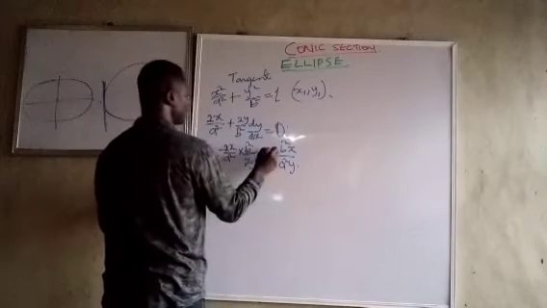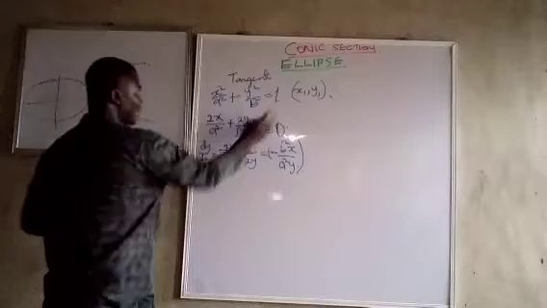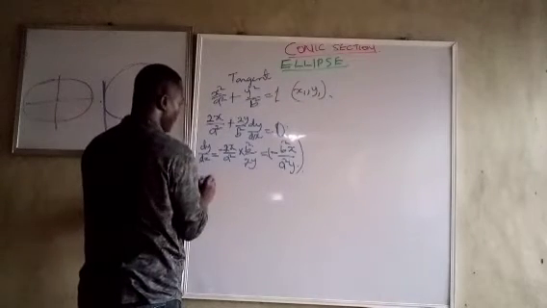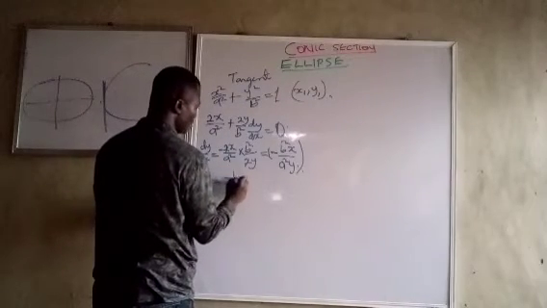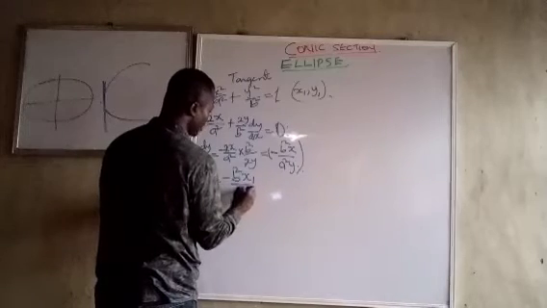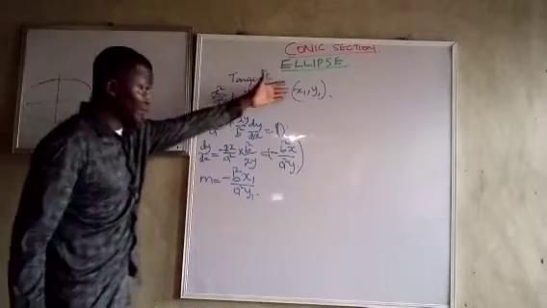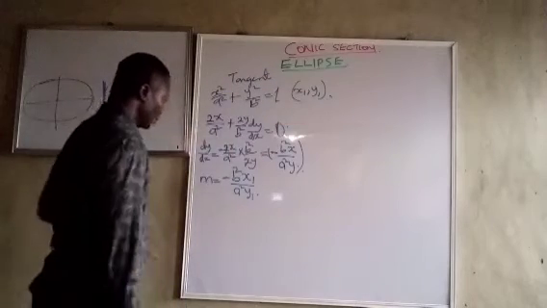Please don't forget this minus. It's key. Now at the point x1, y1, the gradient m is equal to minus b squared x1 over a squared y1. We have already been given the points.